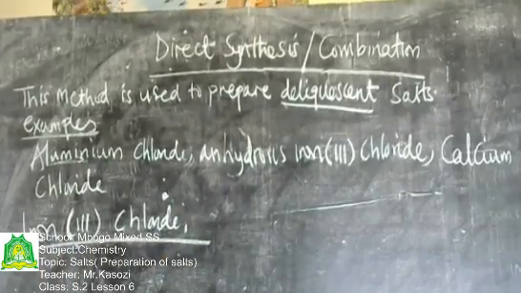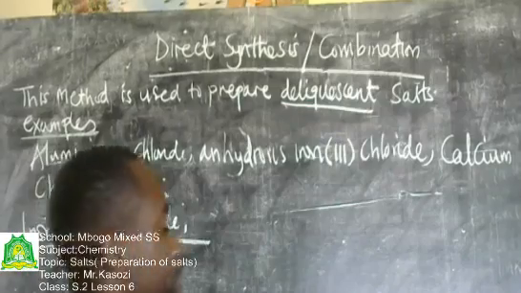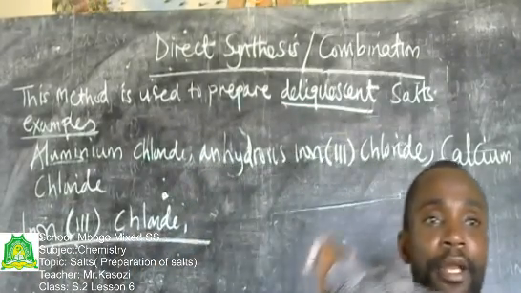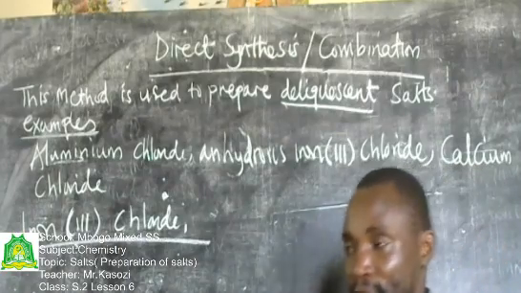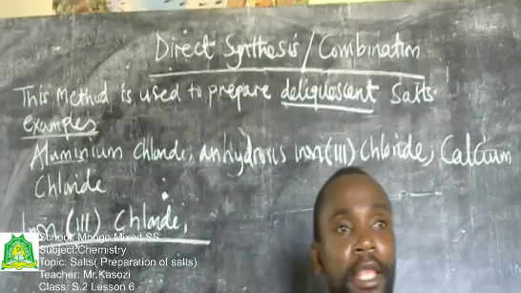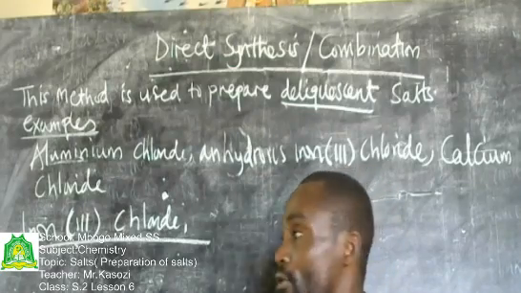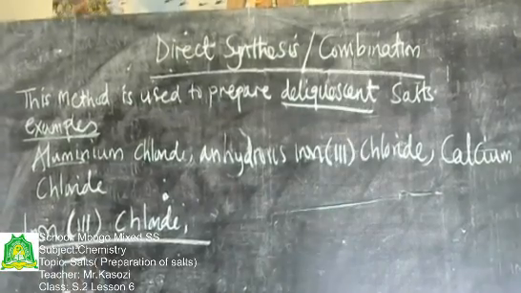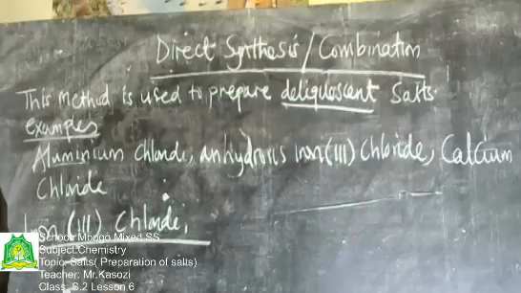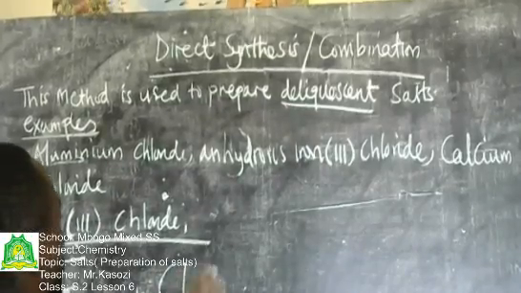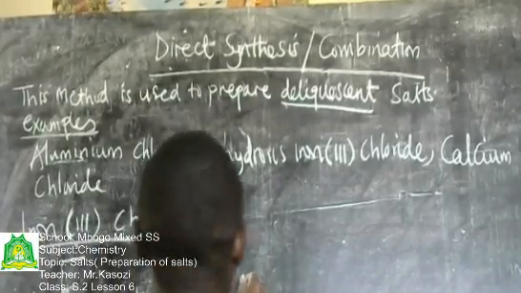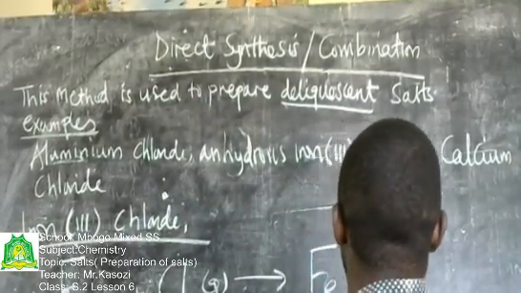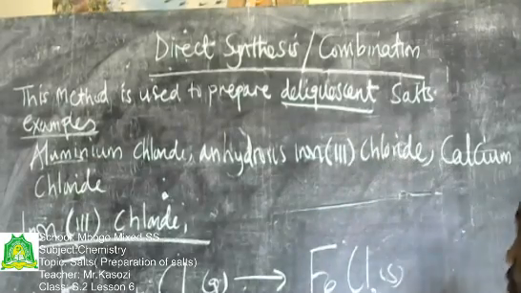Iron 3 chloride is prepared by passing a dry stream of chlorine gas through a combustion tube containing heated iron wire. So when iron wire is heated in chlorine gas, this would give us iron 3 chloride. We shall not get iron 2 chloride.